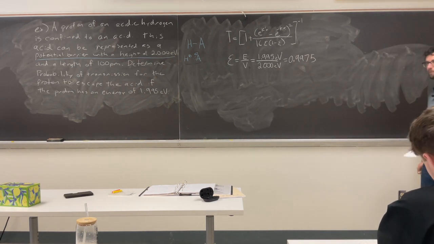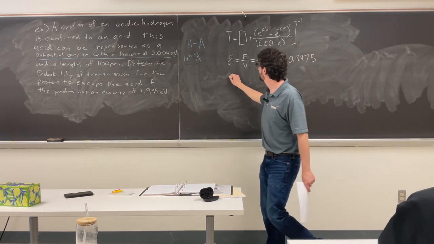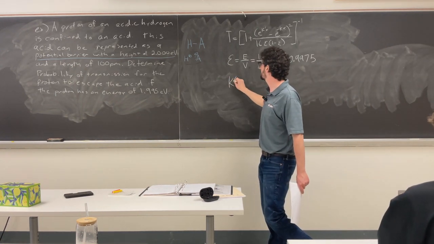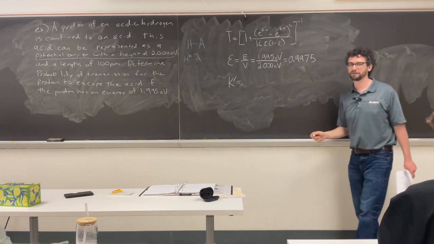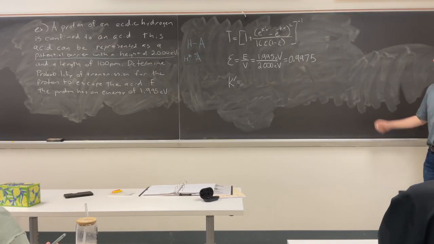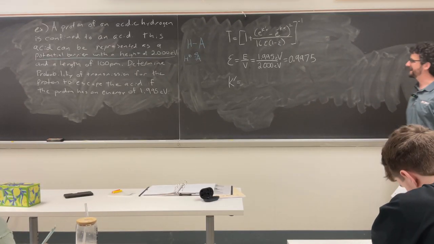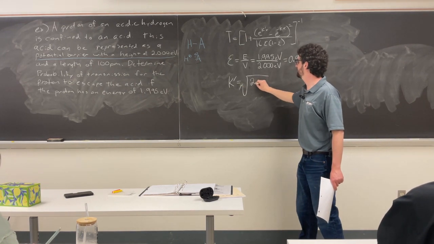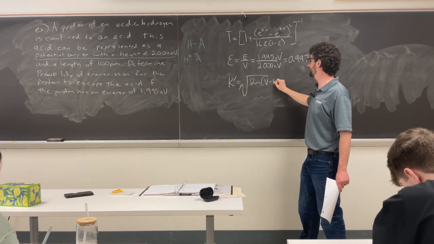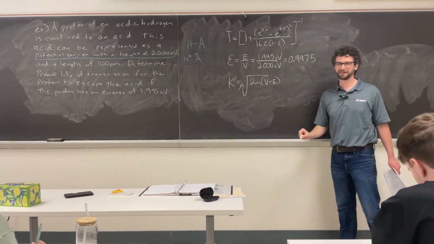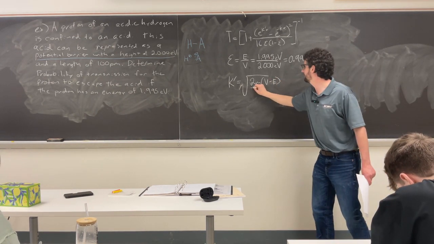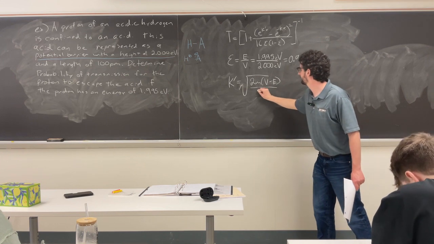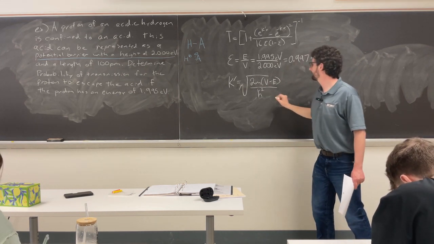Ellen, you said we had to do one more thing. I think you said find K prime. Did you say that or no? Okay, well, we got to find K prime then. Okay. What was it? The square root of 2m(V minus E)? Is that right? Okay, and what are we dividing by? Yep.